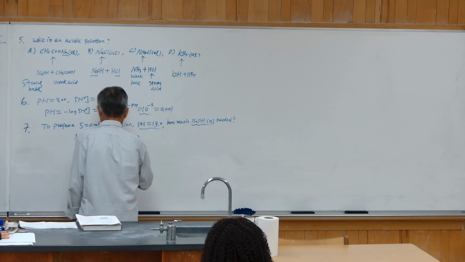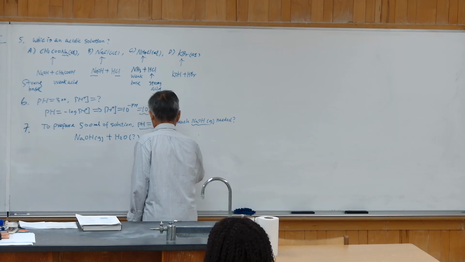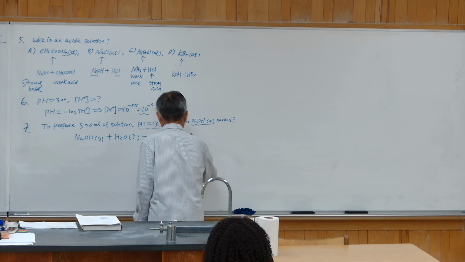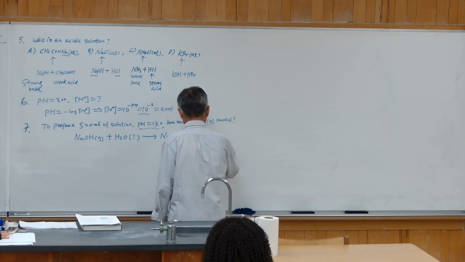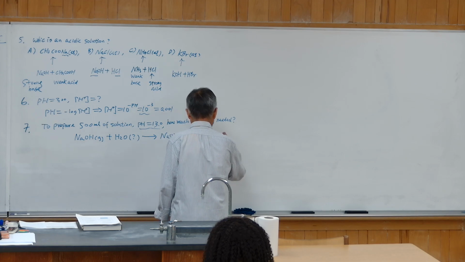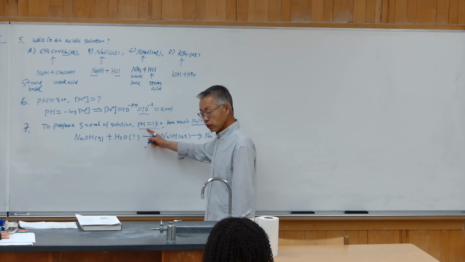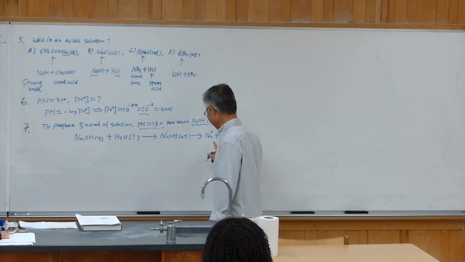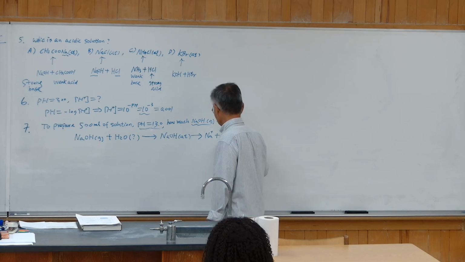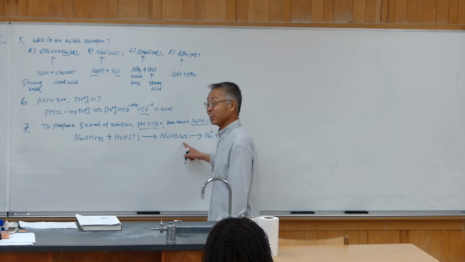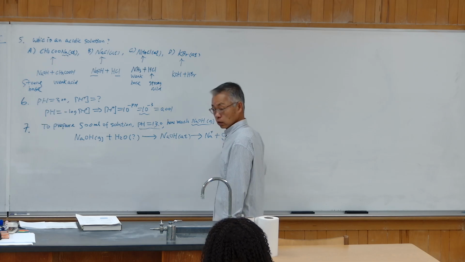We don't know how much water is needed, right? Then it becomes NaOH solution. This strong base will completely break down into sodium ion and hydroxide ion, right? And from this pH, we can figure out the hydroxide ion concentration, which equals the initial NaOH concentration, because the strong base completely breaks down into hydroxide ion.